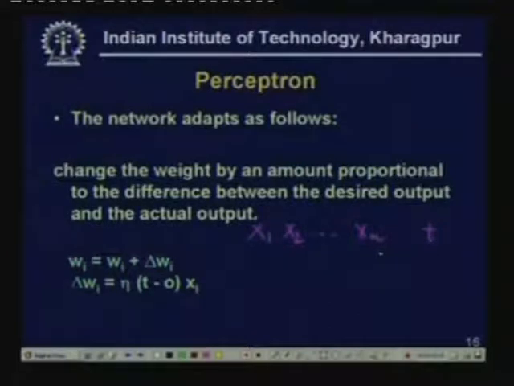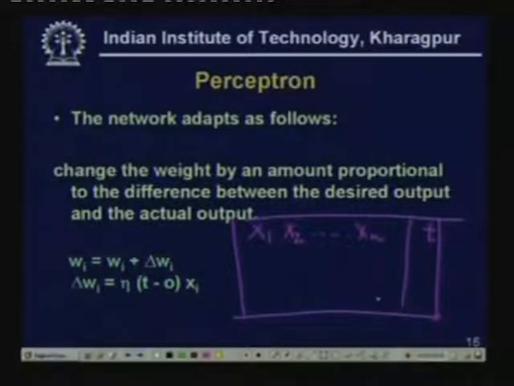If our network correctly represents the function, then for the inputs x1, x2, xn it should give an output of t. But if our network does not exactly represent the function, it will give a different output, let us say o. So, if t and o are identical, then we do not change the weights, but if t and o are different, then we adjust the weights of the network so that o is closer to t.